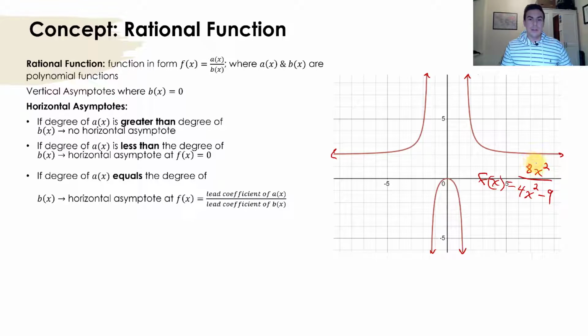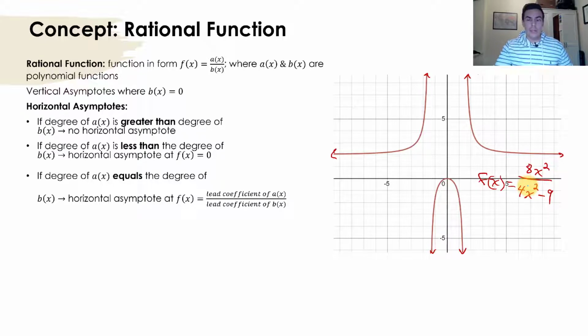So my 8 over 4 is going to be my horizontal asymptote. 8 over 4 reduces to 2, and we can see we have a horizontal asymptote here at 2. So the lead coefficients will determine the horizontal asymptote if the degree of the numerator and denominator are the same.